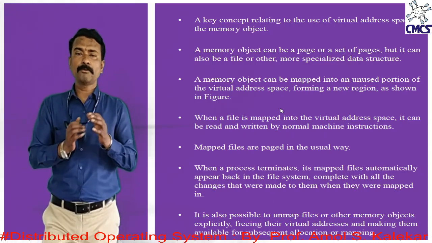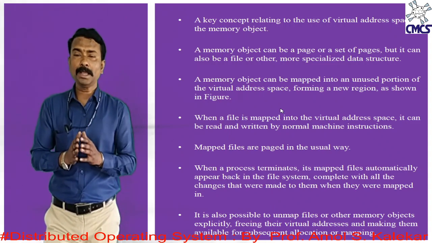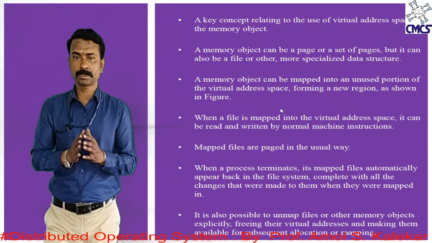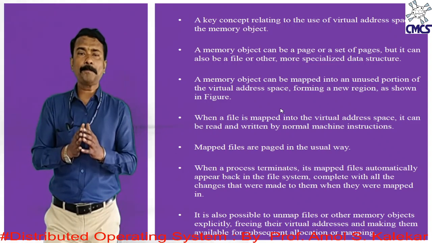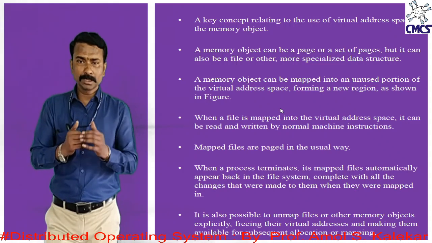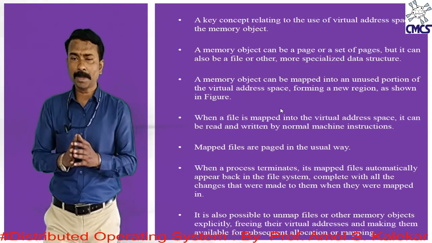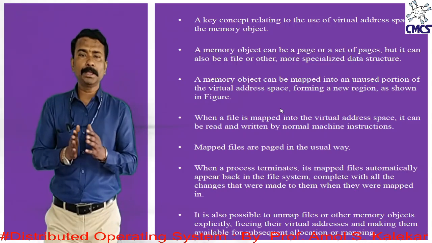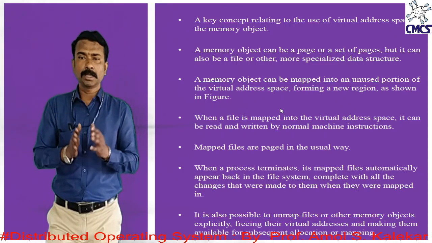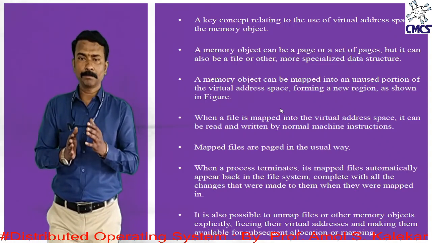When a file is mapped into the virtual address space, it can be read and written by the normal machine instructions. Simply, the mapped files are paged in the usual way. When a process terminates, its mapped files automatically appear back in the file system, complete with all the changes that were made to them when they were mapped in.